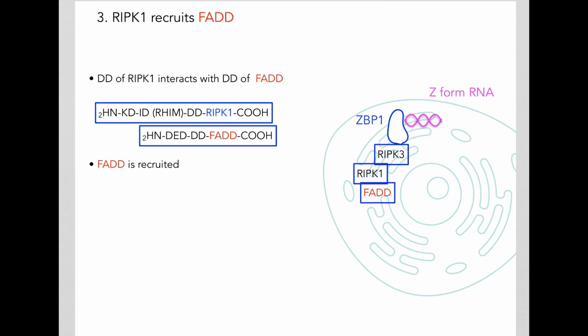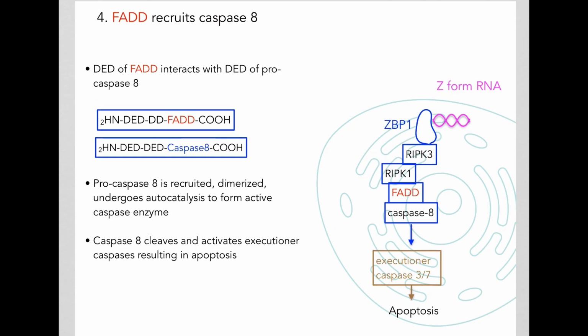Now, as we mentioned in the previous video, FADD also has, besides the death domain, the DD, it has also the death effector domain or the DED. So the DED of FADD now will interact with the DED of procaspase 8, and that will recruit caspase 8 towards the receptor by FADD.